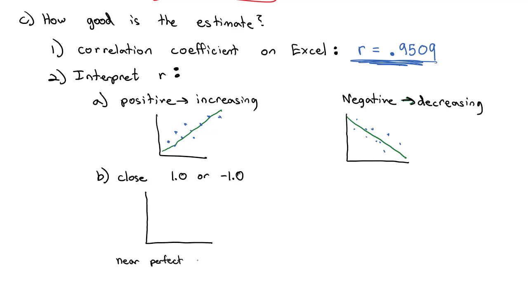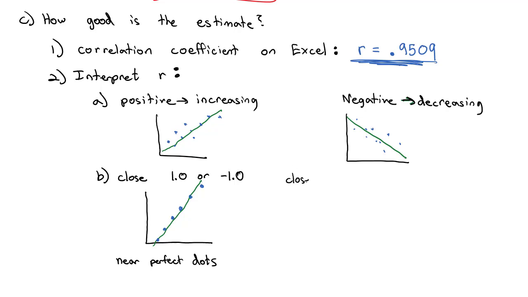Or near perfect dots, I should say. So if the dots come like this, notice those dots can almost be connected with a perfect straight line. That's a near perfect 1.0 graph.